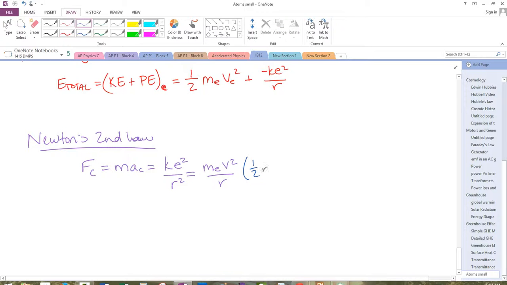Multiply 1/2 r on this side, 2r is equal to 1/2, oh, that's nice, m e v squared.